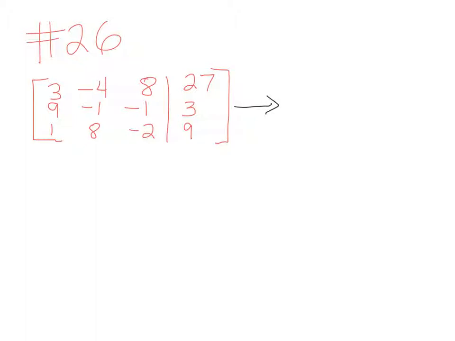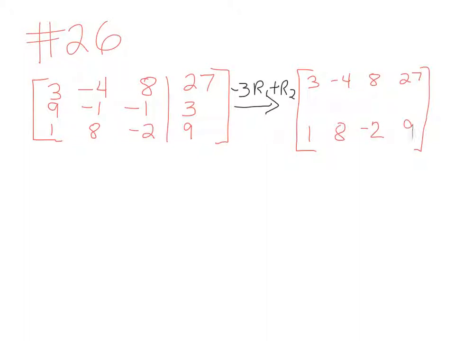The formula would be -3 times row 1 plus row 2. So row 1 stays the same, 3, -4, 8, 27. Row 3 stays the same, 1, 8, -2, and 9. So -3 times 3 is -9 plus 9, that would be 0.